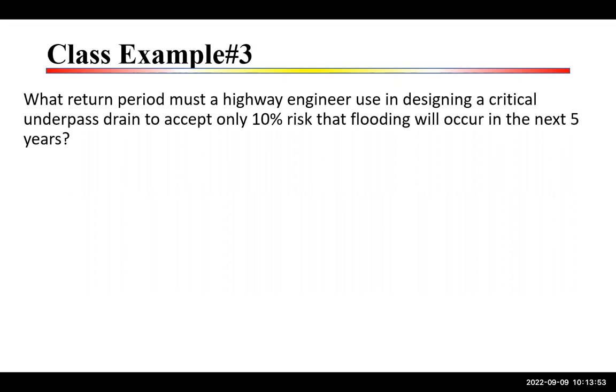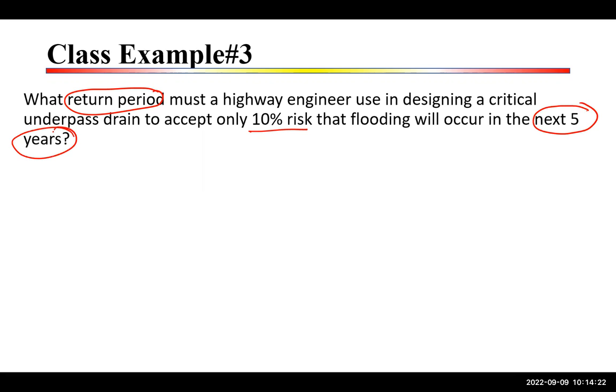What return period must the highway engineer use in designing a critical underpass drain to accept only 10% risk that flooding will occur in the next 5 years? Suppose you're a highway engineer designing a critical underpass drain, and for different reasons you will accept only 10% risk that the flooding will occur in the next 5 years.